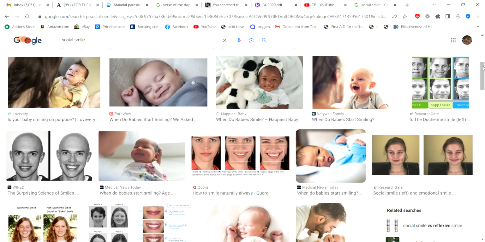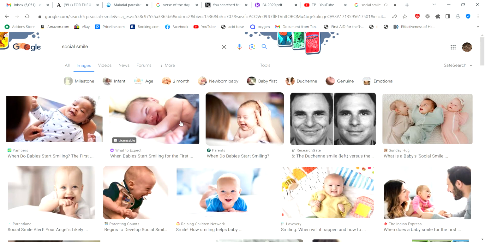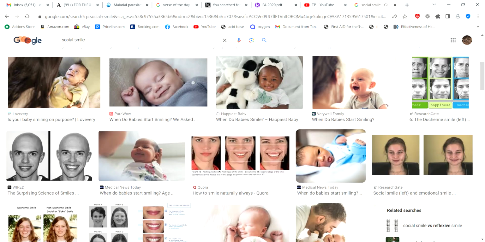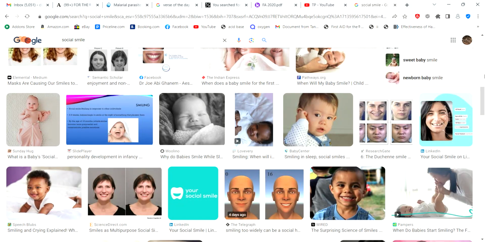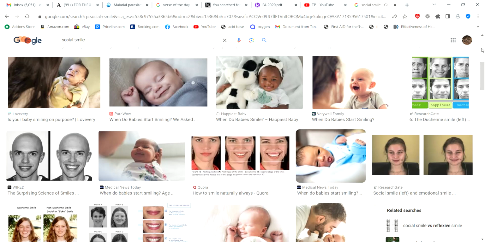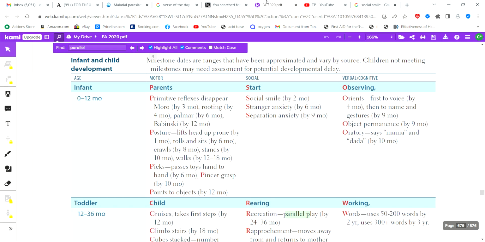A social smile is like a baby just smiling at you, either because they're trying to imitate your smile, or I think it's reflexive, like a reflex, because you smile at the baby and they also smile back. Just like when you laugh, the baby also laughs most times. I don't think the baby knows that it's smiling or laughing or even happy. It does it because you did it, like monkey see, monkey do.